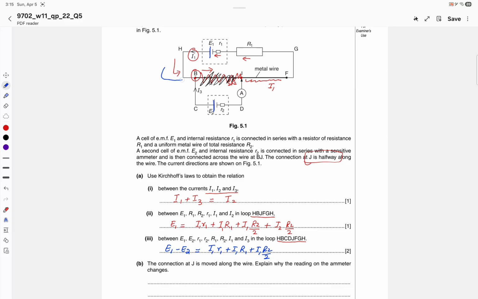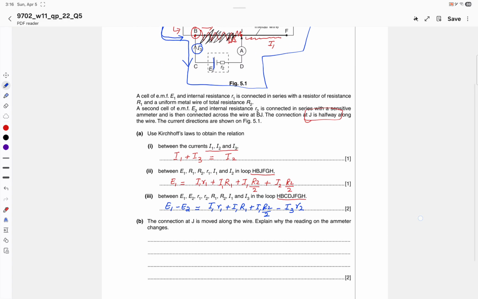I1 is flowing like this, and the loop travels like this, and I3 is flowing in the opposite direction. So I must take minus I3, and the only resistor is small r2, minus I3 r2.